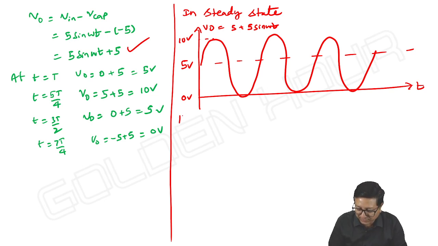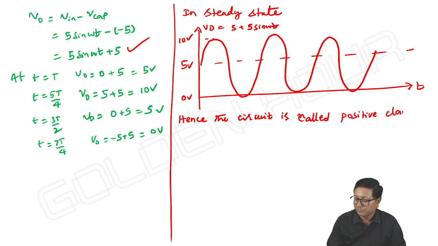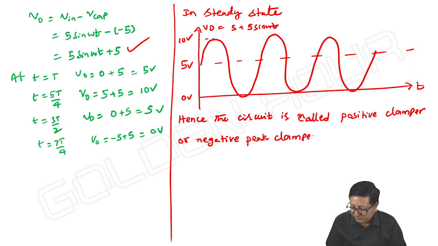Hence the circuit is named a positive clamper or negative peak clamper. Negative peaks are clamped to the ground. Okay, and here what happens to V capacitor?